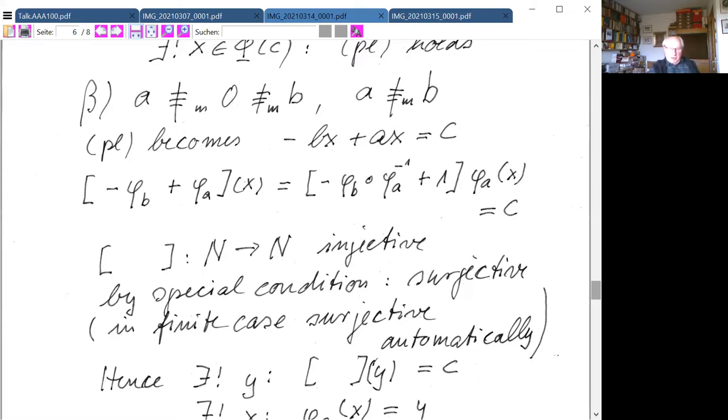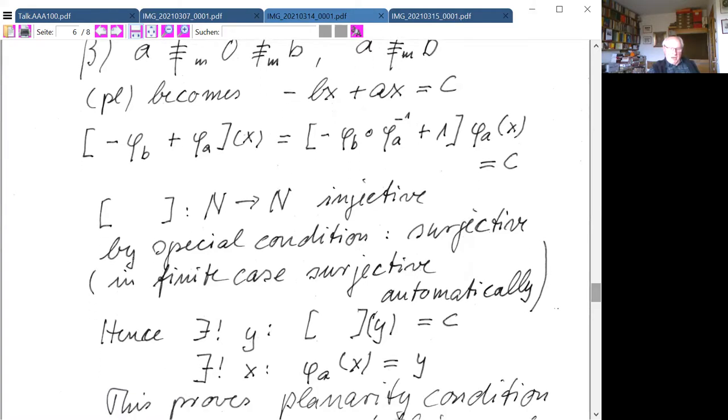The planarity condition becomes minus bx plus ax is equal to c. And we can write this as minus φ_b plus φ_a. Addition of an automorphism is not defined, but we could take the combination, which is given by the group multiplication. Nevertheless, if b and a are not equivalent, this is not equal to the 0 map.